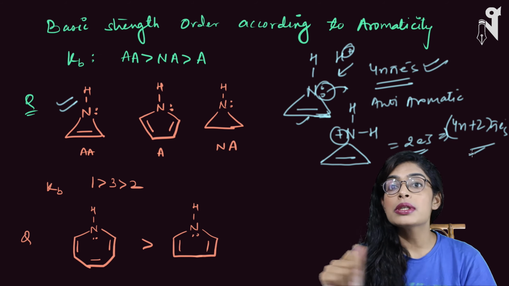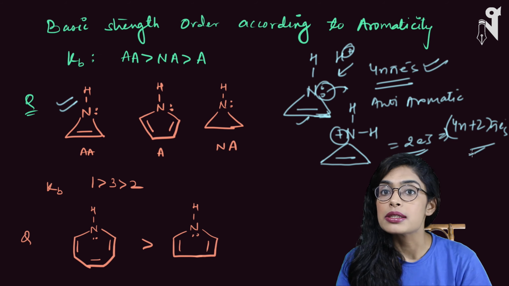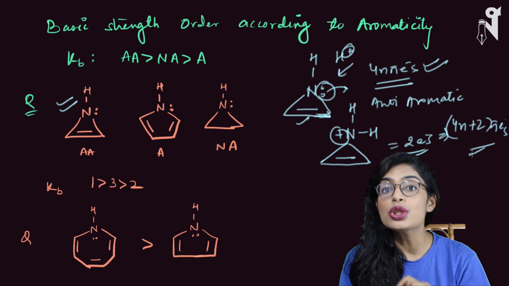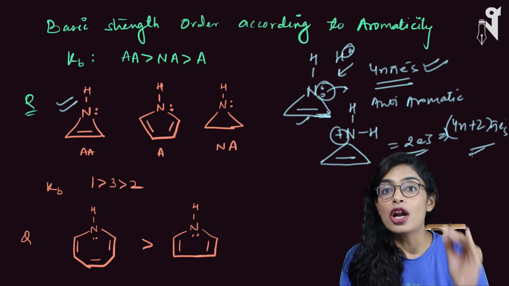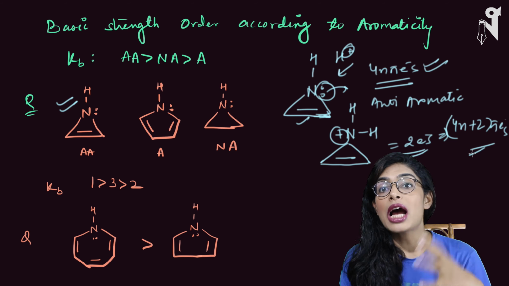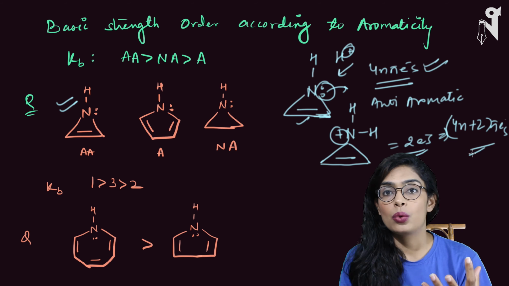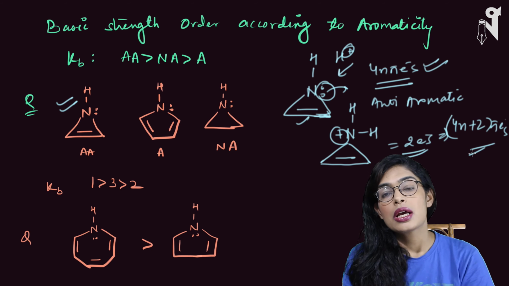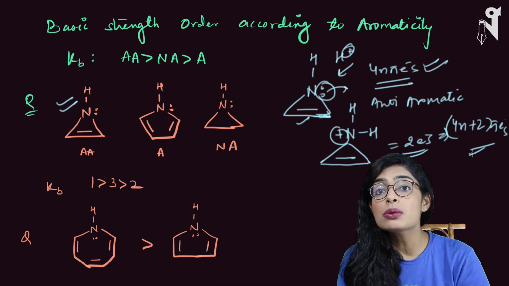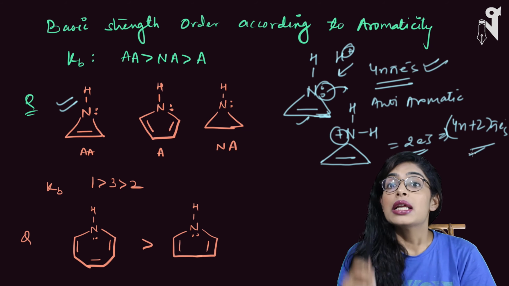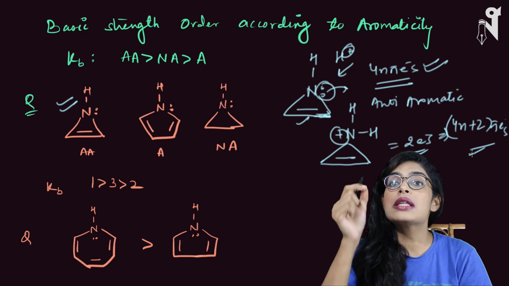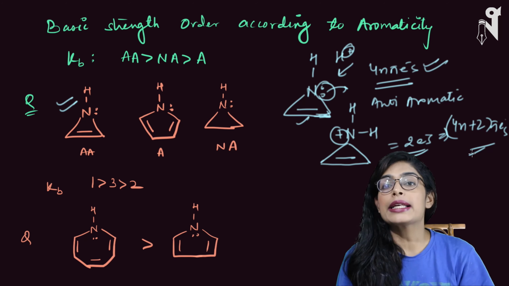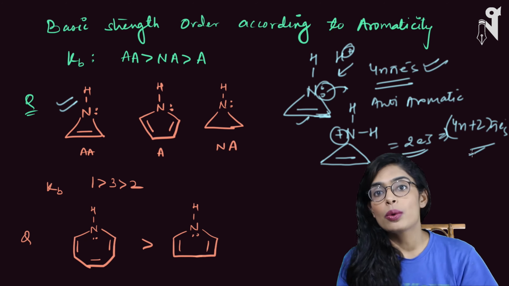An aromatic compound is losing its aromaticity after behaving like a base, and an anti-aromatic compound becomes aromatic after acting like a base. So if somebody asks whether an aromatic compound will be basic, no, because it is losing its aromaticity. This applies when the nitrogen is part of that cyclic structure and giving away its lone pair.